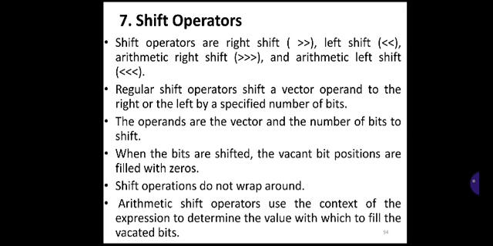The regular shift operators shift a vector operand to the right or left by a specified number of bits. So we are going to specify how many bits it has to be shifted, either right side or left side. Like that the vector operand will be shifted to the specified side. The operands are the vector and the number of bits to shift.